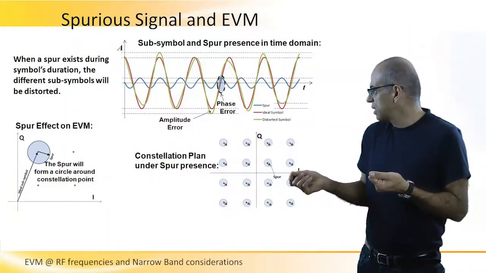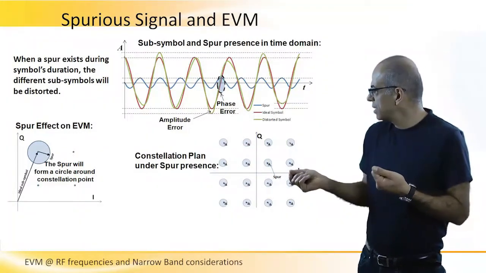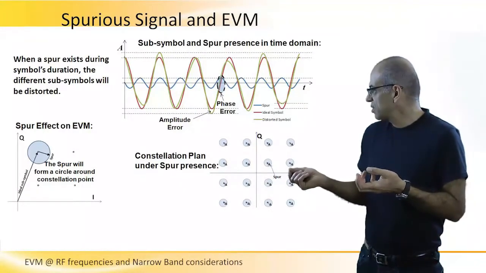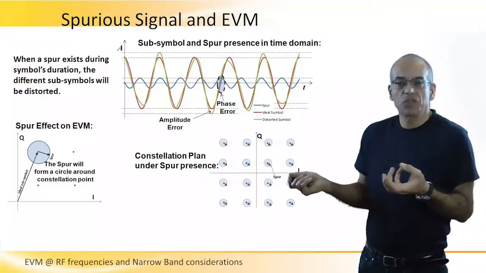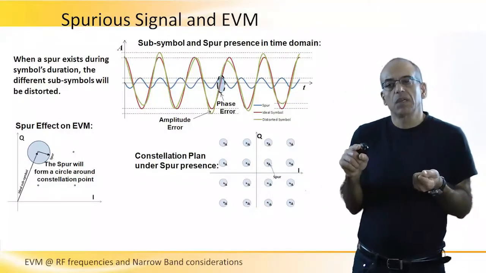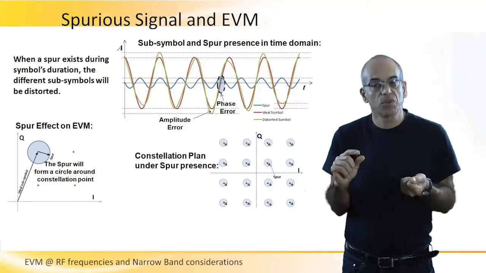Of course, this can happen to any subsymbol. So in the constellation map, we can see the impairment of a spur as circles with the radius of the spur around the ideal constellation points.